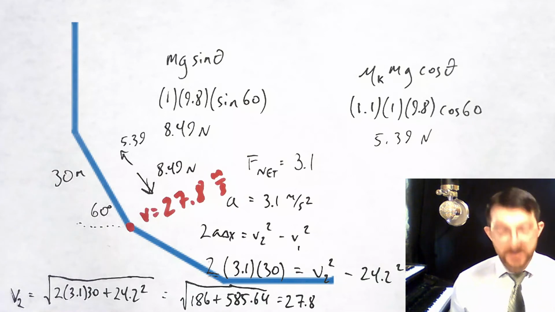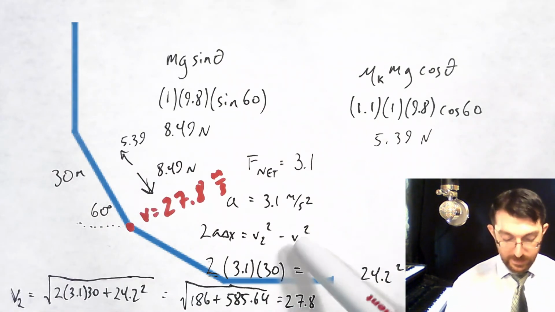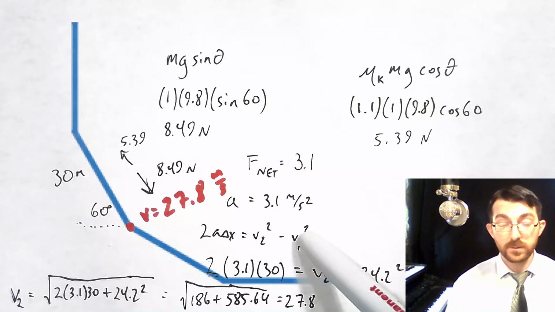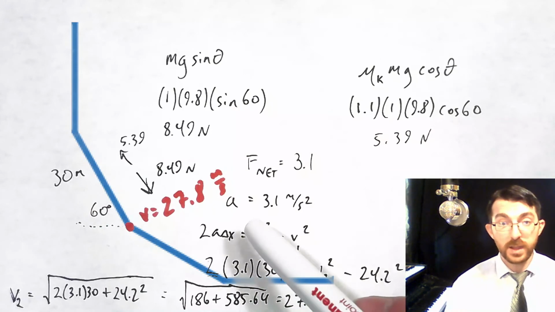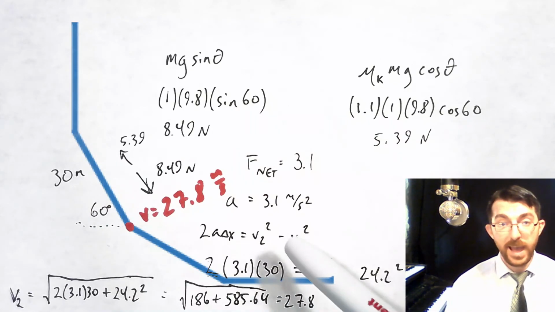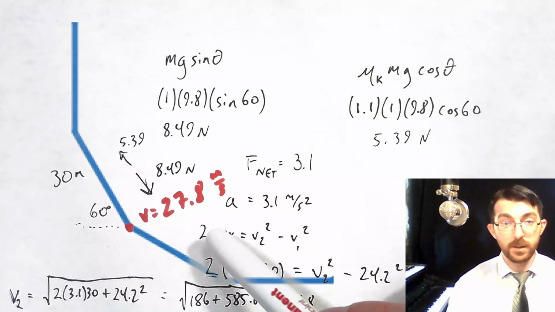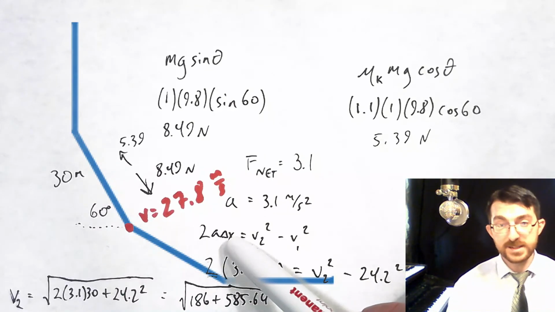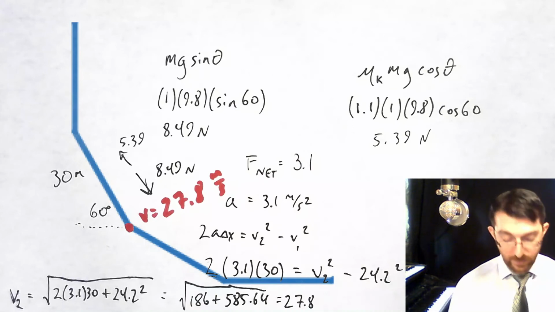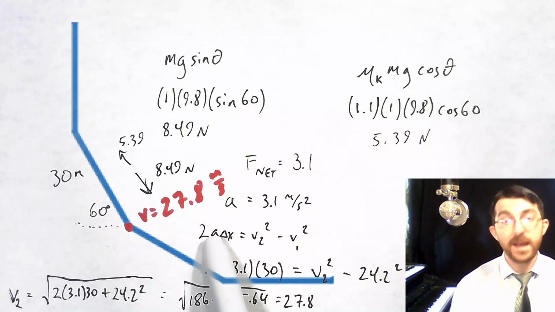You can use that in v1 squared in this equation. You're looking for that. And if you're given that and you're looking for that, you're going to need to know those. Now, the delta x is easy. It's 30 for everything. The a, though, that one's the trick.